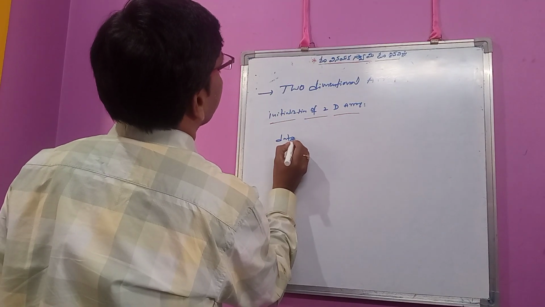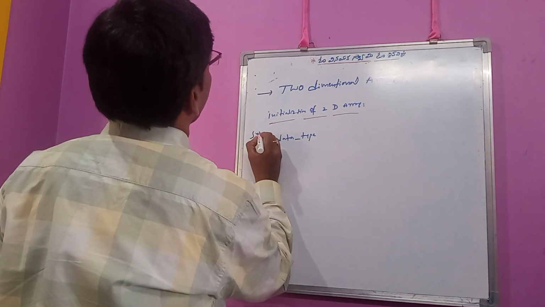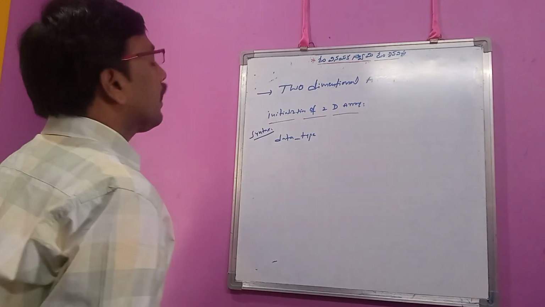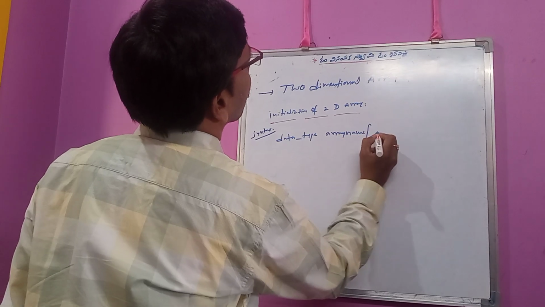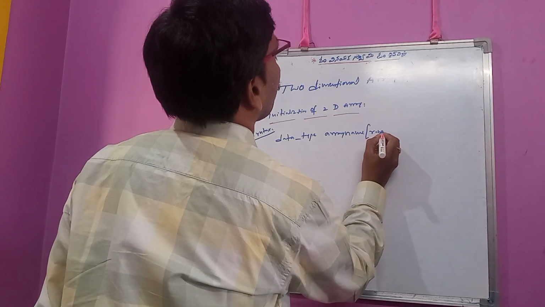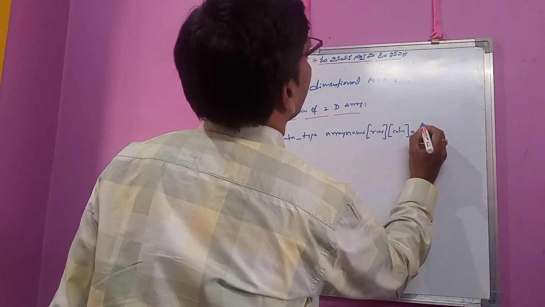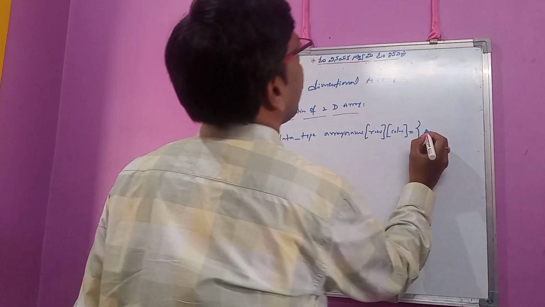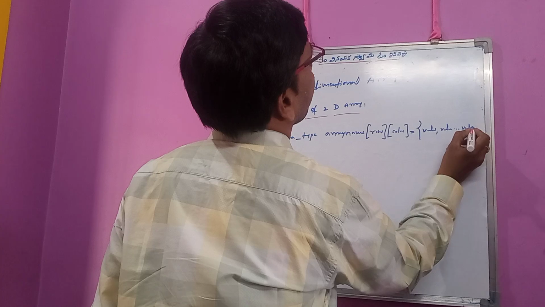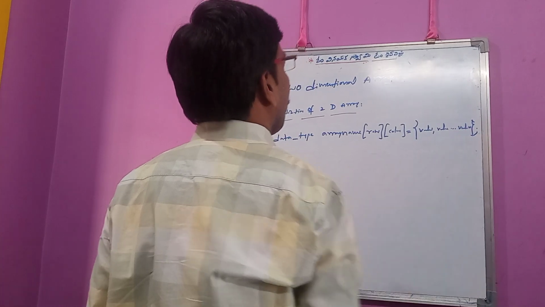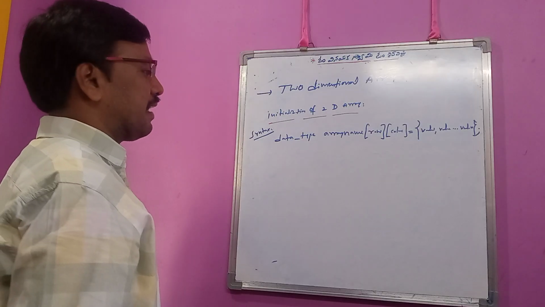Syntax: data type, array name, rows, columns, equal, flower bracket, value 1, value 2, value n, close the flower bracket, semicolon. This is the initialization of a two-dimensional array syntax.